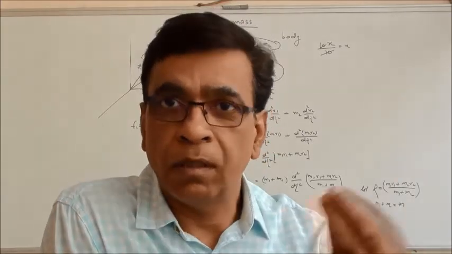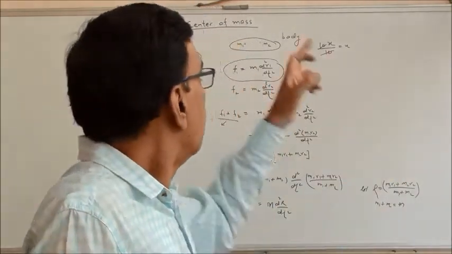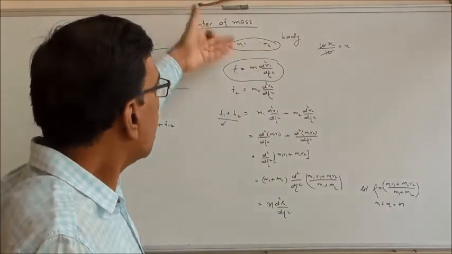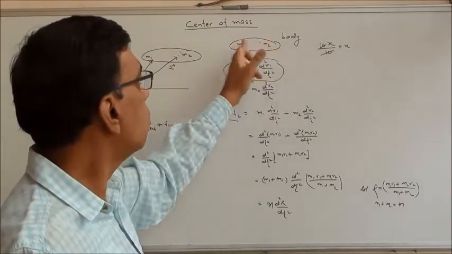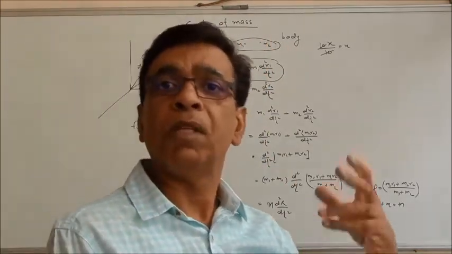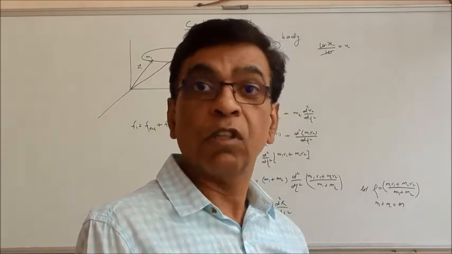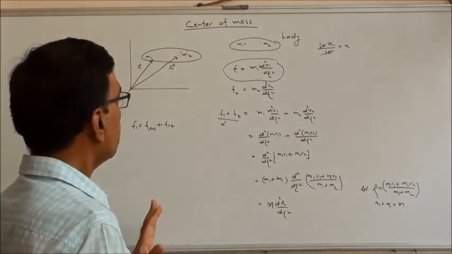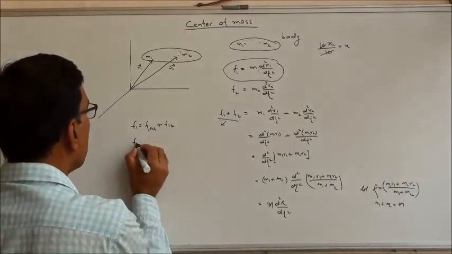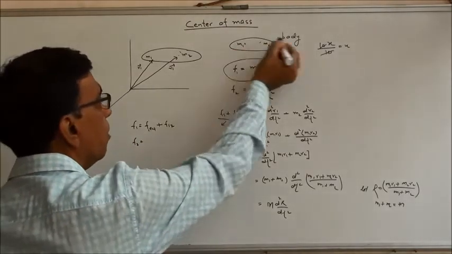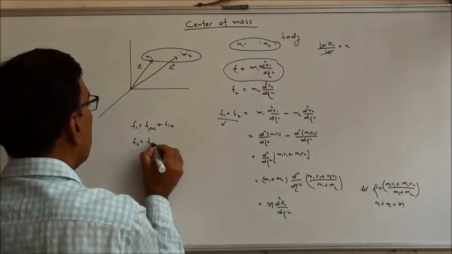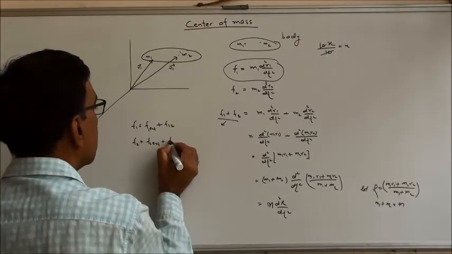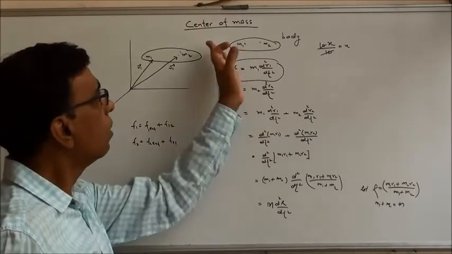Either it is exerted by the other particle, or it may be some external force. The force may be the gravitational force, electrostatic force, or some other type of force also. In the same way, force on 2, maybe nuclear force also, F2 external plus F2 due to 1. It may be due to 1.